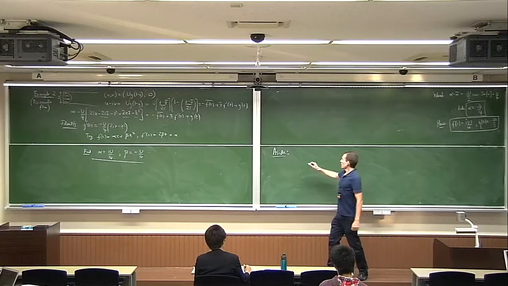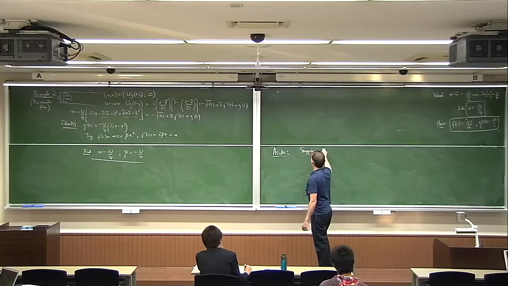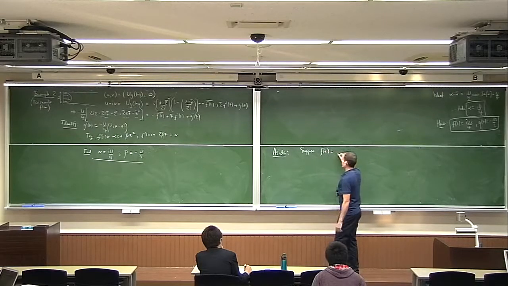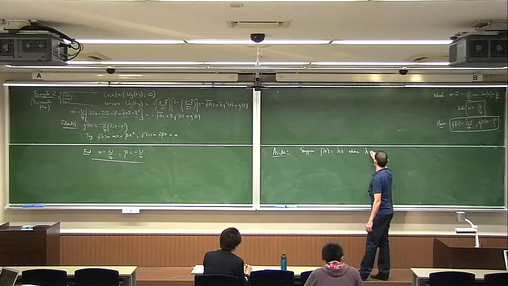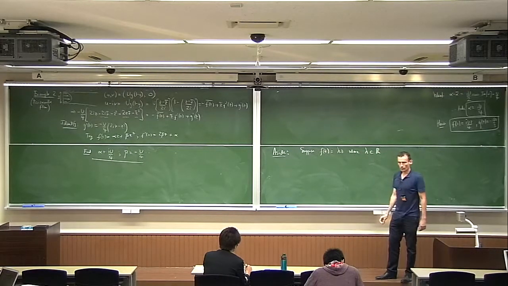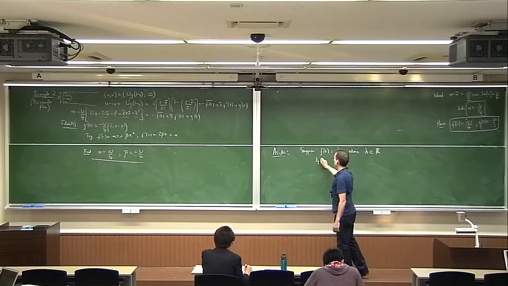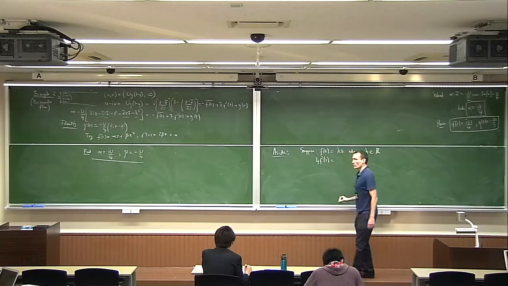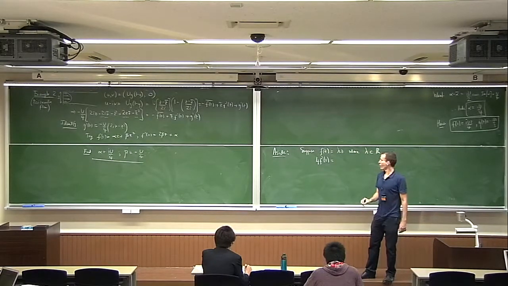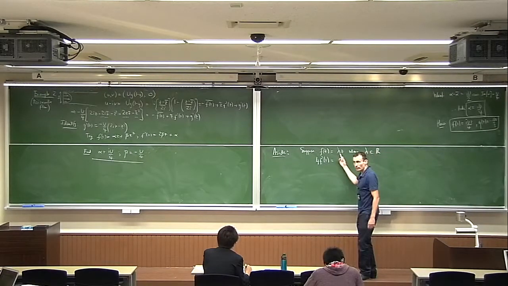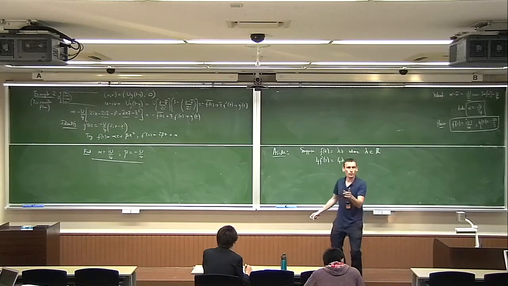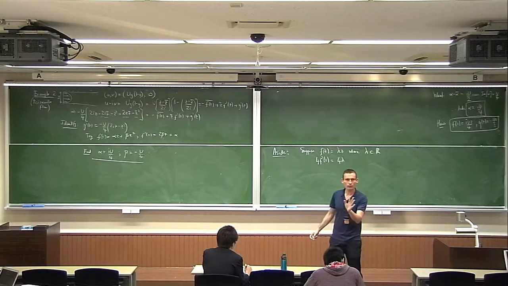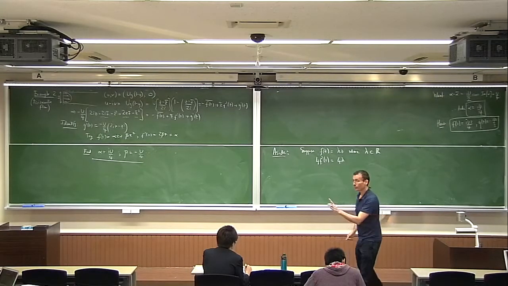Let me just look at the following. Suppose f of z is, what should we call it, lambda z, where lambda is real. What's f prime? Well, f prime is lambda, so 4f prime is 4 lambda, which is real. Now, what was 4f prime in terms of the physical quantities? Remember?